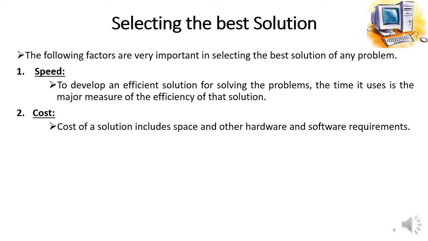That is another very important factor for selecting the best solution. Cost includes space. Space means memory space, or the storage capacity which is required for any solution, and the hardware and software requirements.